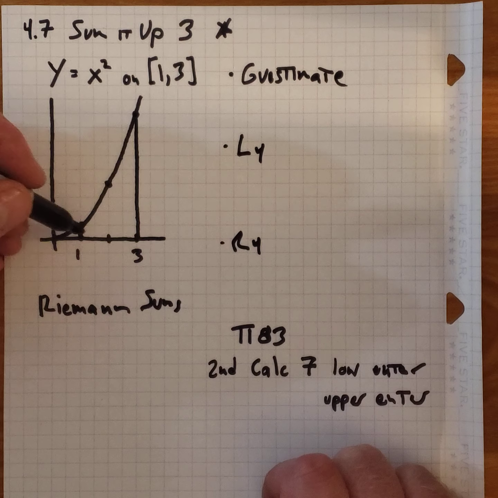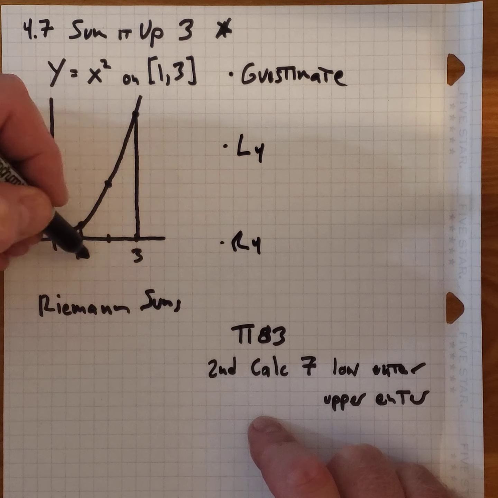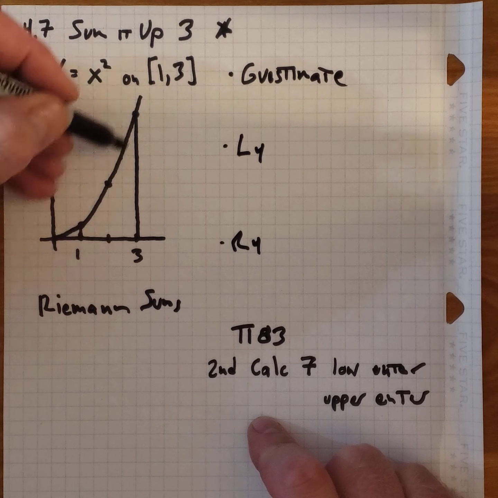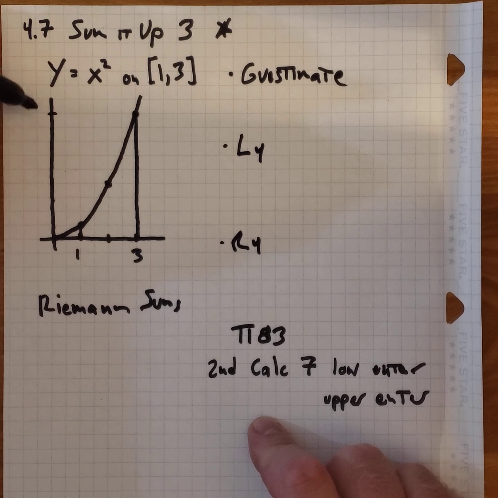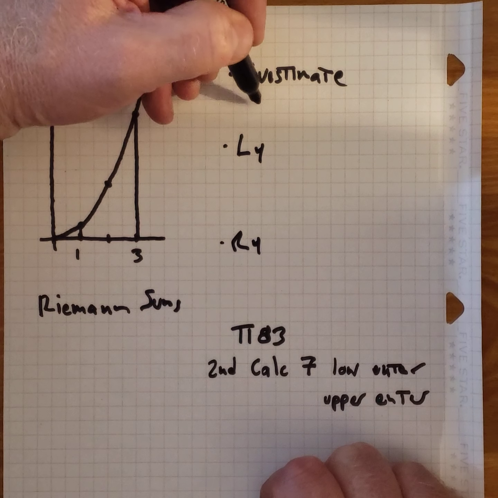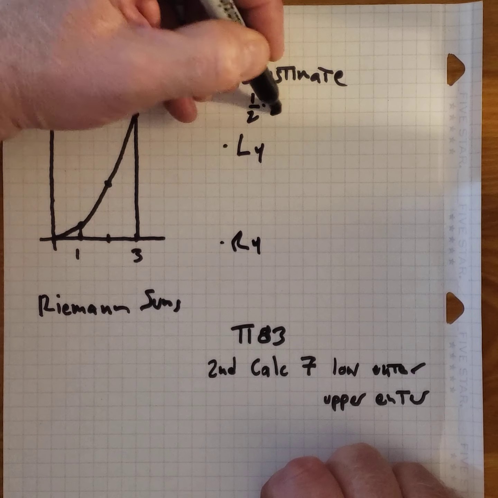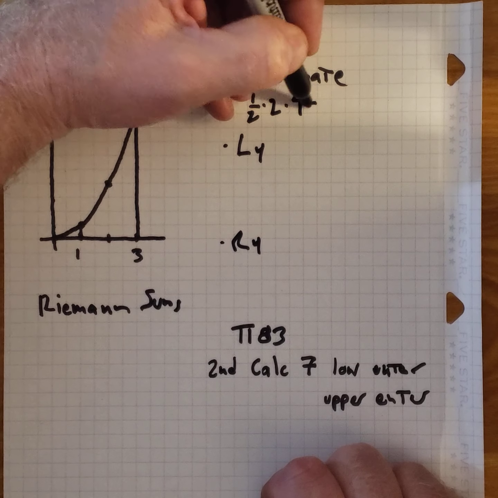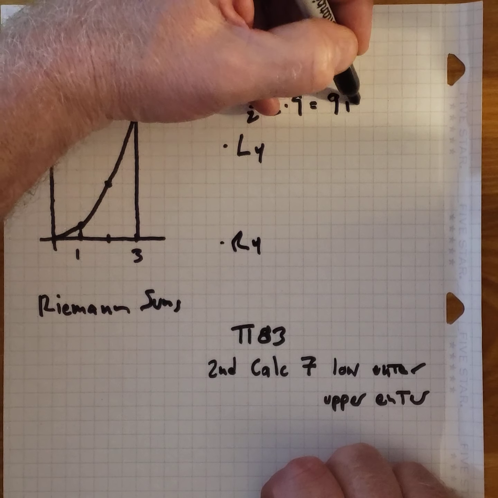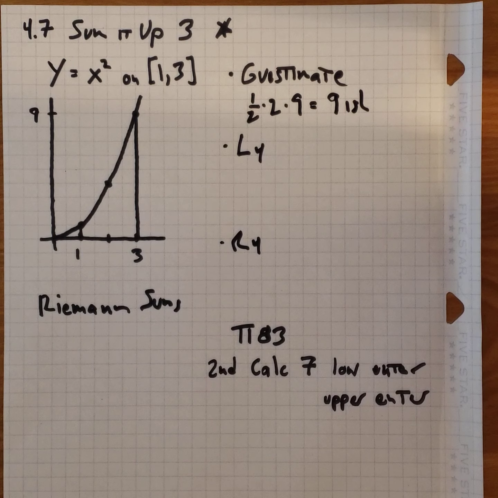I'm going to say that area is relatively close to a triangle. If it was a triangle, it would have a base of 2 and a height of 9. The value of the function there is 9. So I'm going to guesstimate that it's fairly close to 1/2 times base times height, which is 9-ish. So I'm looking for an answer somewhere near 9.